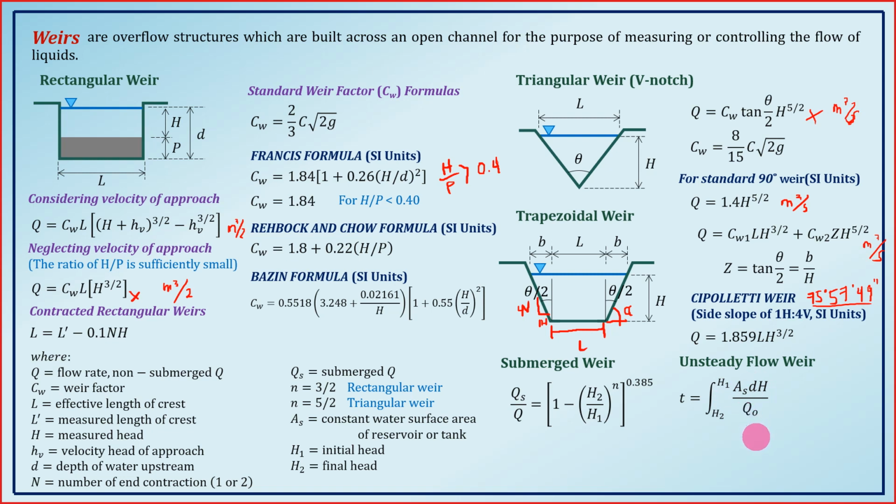What if constant yung cross-sectional area natin? So, we have this derived equation for the time. That is equal to 2AS divided by CWL, then multiply to 1 divided by square root ng H2 minus 1 over square root ng H1. So, these are the equations to be used under this topic na weirs.